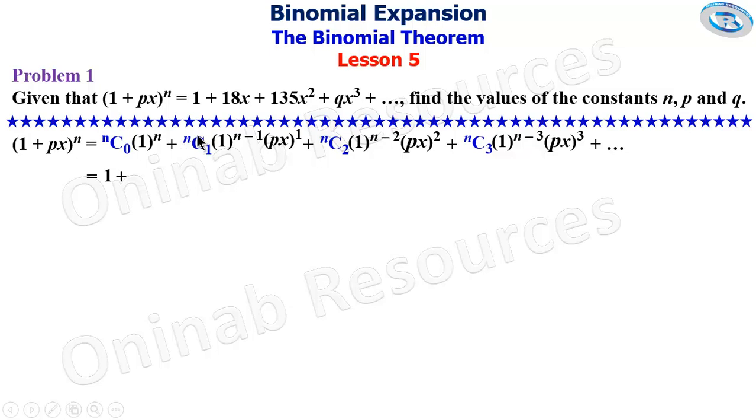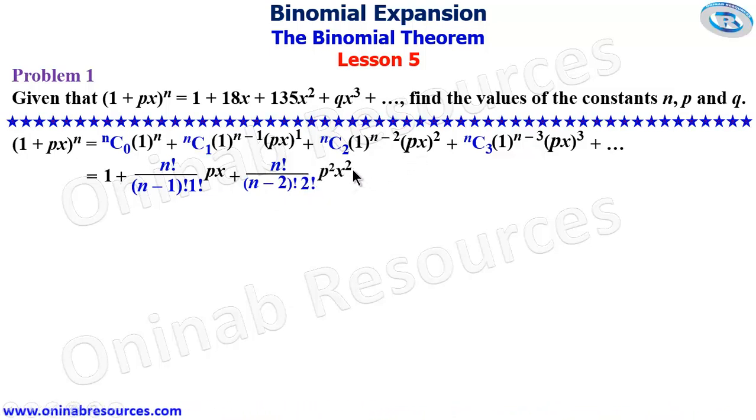Then plus nC1 is n factorial over (n minus 1) factorial 1 factorial, then multiply by px, since 1 raised to power n minus 1 will give us 1, then multiply by px gives px, then plus nC2 is expanded as n factorial over (n minus 2) factorial 2 factorial, then p squared x squared.